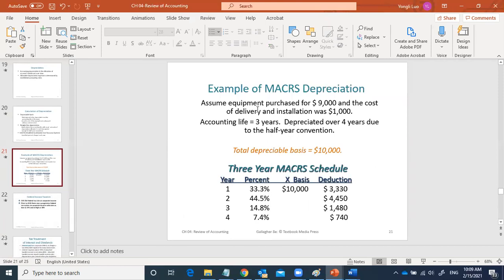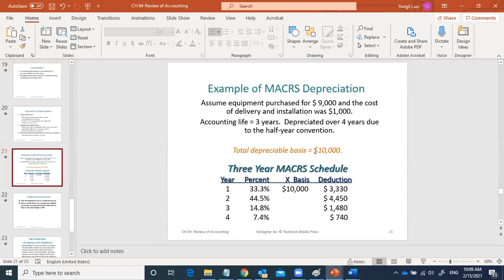For example, you have equipment purchased for 9,000 and the cost of delivery and installation was 1,000. Accounting life is 3 years. So the depreciation over 4 years, due to the half year convention, is going to be as follows.